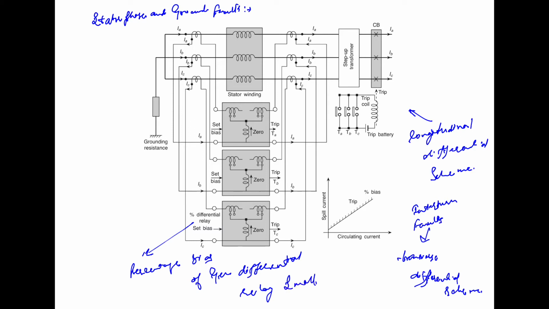Now we can make a small table so that you can get an overview of the different things which are happening in the power transformer and the generator.